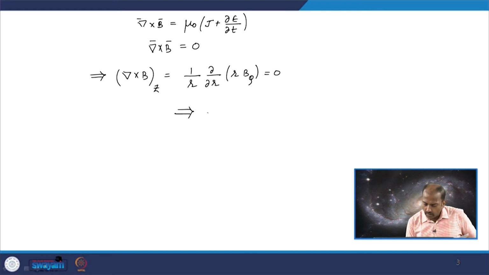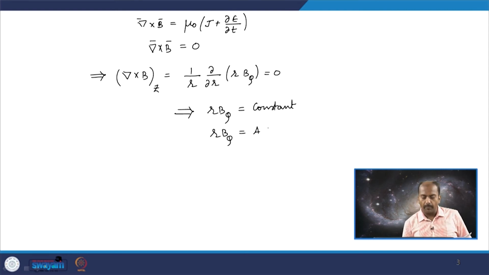That means r B phi is just a constant. So, let us say with this constant we call it capital A. So, the magnetic field B phi is A by R. What does it mean?